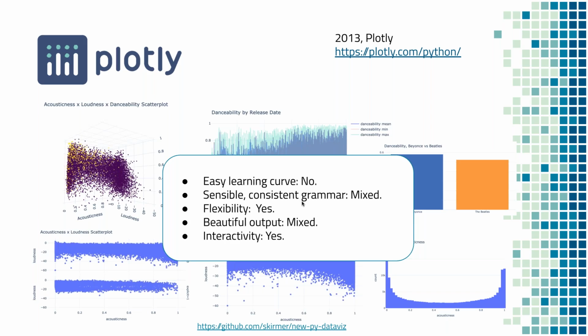So, report card for Plotly. Not really that easy to learn, because you learn something and then you're starting all over as soon as you want something a little more full featured. The consistency of the grammar gets lost because you start from one place and then have to change lanes. Flexibility, they've got it going on. Plots can do anything, and they've got so many different features and functionalities from Plotly that I really appreciate that.